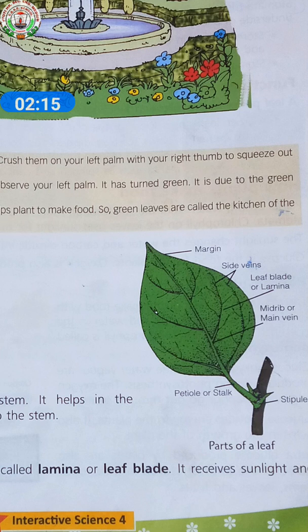Petiole or stalk. The stalk attaches the leaf to the stem. It helps in transportation of water and food to the stem. Second one is lamina or leaf blade.